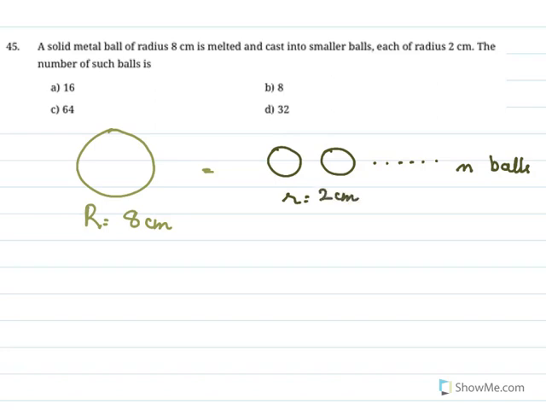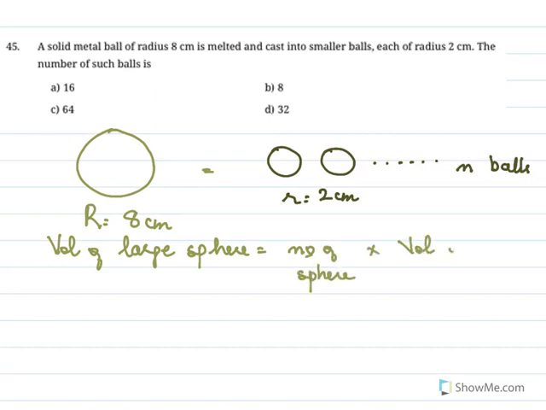Now since it is melted, we can say volume of large sphere equal to n volumes. So number of spheres into volume of one sphere, or one small sphere.